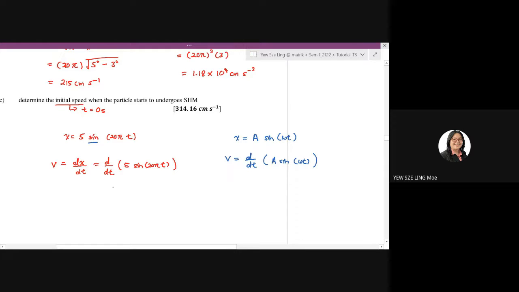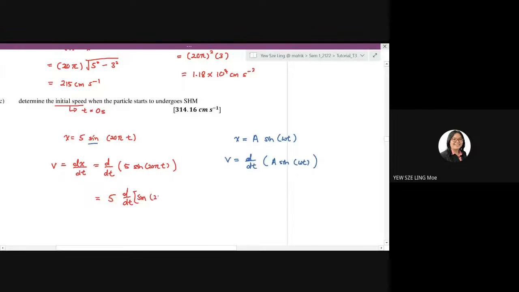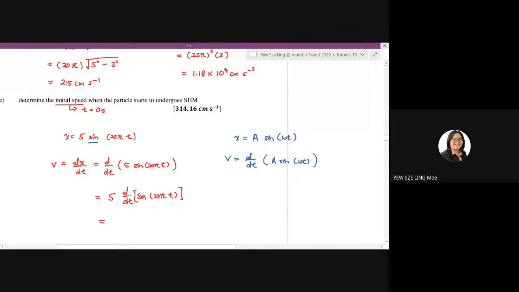Now let's go back to the equation with values. d over dt of 5 sine 20 pi t. We take 5 out because 5 has nothing to do with time. So 5 d over dt of sine 20 pi t, which gives 5 times the value in front of t. That is how you differentiate if you are given values.